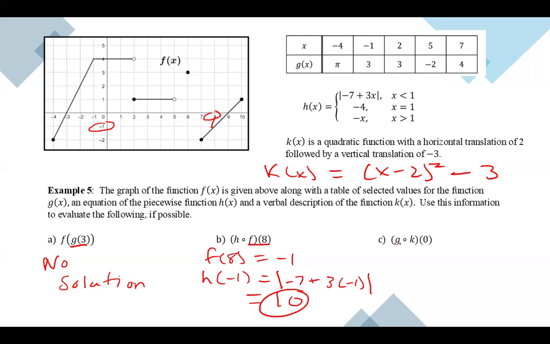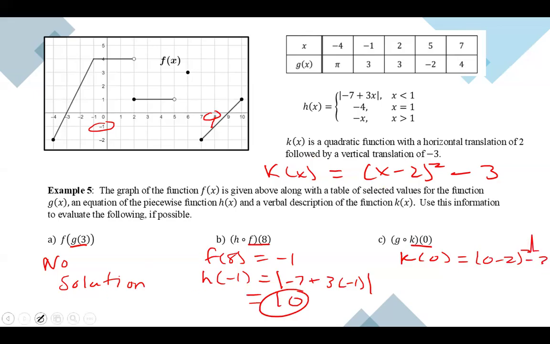All right, now we have g composed of k of 0. So we're going to start with k of 0. So our k of 0 equals, well, we already created our k model to help it move a little faster. So that's going to give us 0 minus 2 squared minus 3.